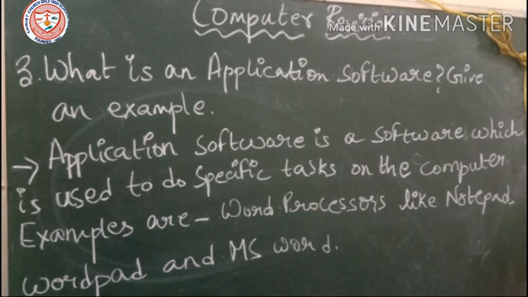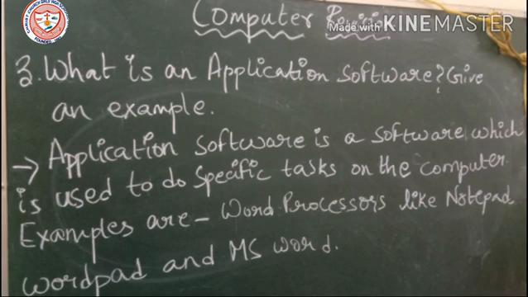Number 3. What is an application software? Give an example. Application software is a software which is used to do specific tasks on the computer.